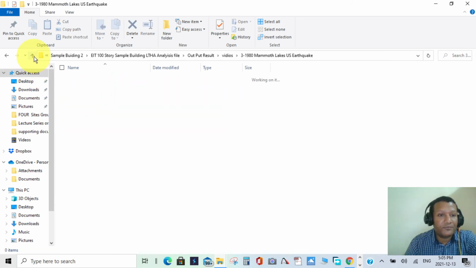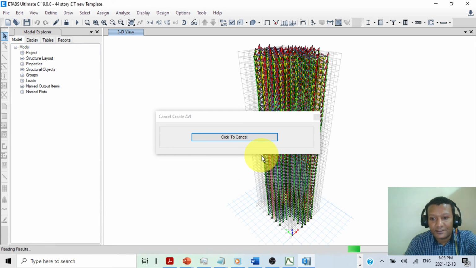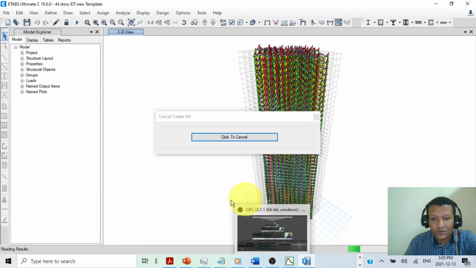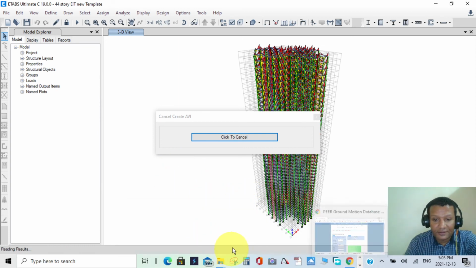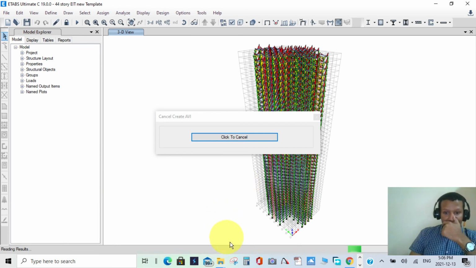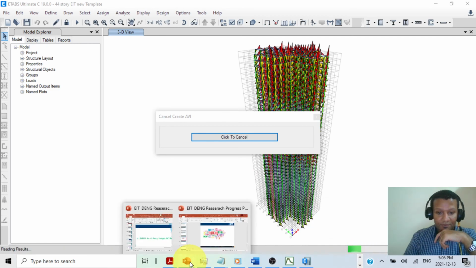If you have time, we can extract all. You see, it's still extracting. It needs time for extracting, and I also took a lot of time to extract this. Okay, so until it finishes, let's go to our presentation to finalize what we have.